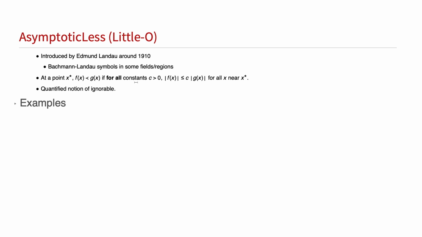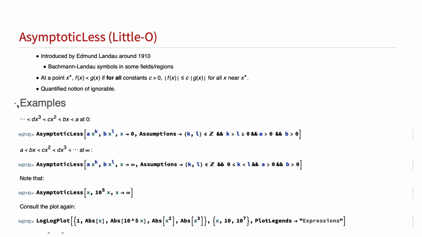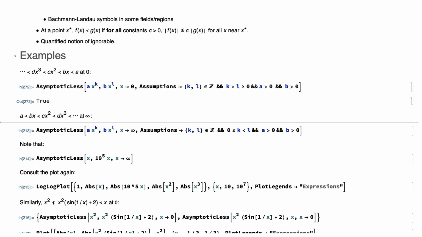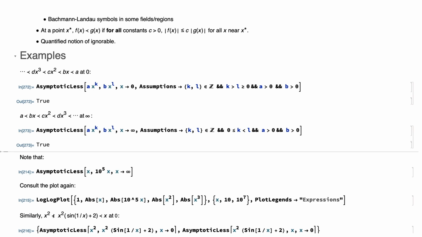Okay, so a little later, little o came along. It was introduced by Edmund Landau, not Lev Landau. And so in some fields and regions, these relations are called Bachmann-Landau symbols. The difference looks very, very similar, but in the great world of quantifiers, which quantifier you use is very important.